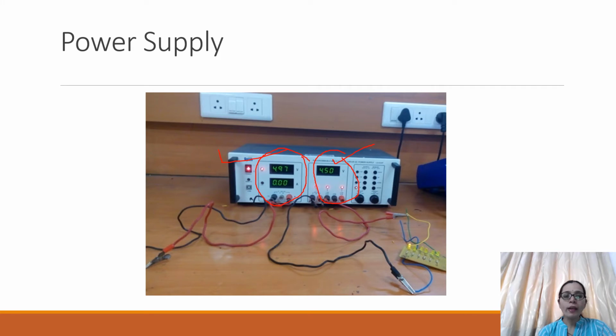Two ends are shown, one black and one red. Black indicates the ground and red indicates VCC. So to enable any IC, VCC and ground are given through this power supply and the breadboard. Either the user can use the fixed power supply or the variable power supply.